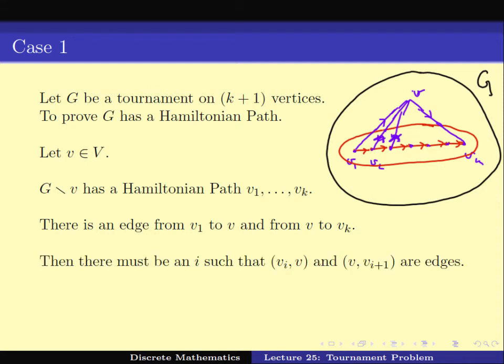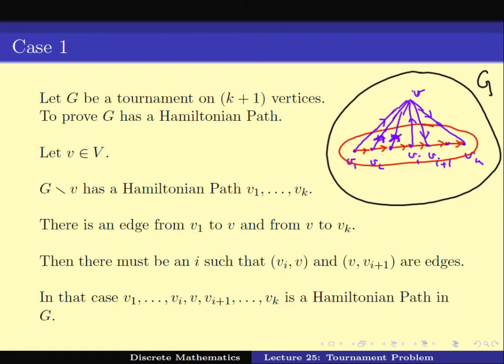So there must be an i where from Vi I have an edge going up, and at Vi plus 1 I have an edge going down. Vi to V and V to Vi plus 1. And in that case, we will have a Hamiltonian path, which is, of course, V1 to Vi, then from Vi we go up to V, then V to Vi plus 1, and then complete it to Vk. So in this case also, we will get the solution.